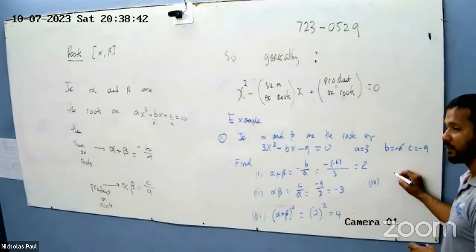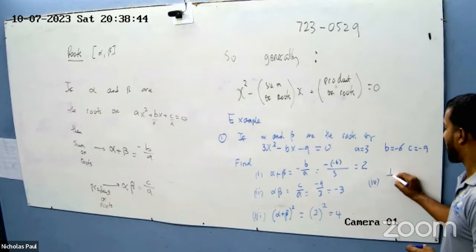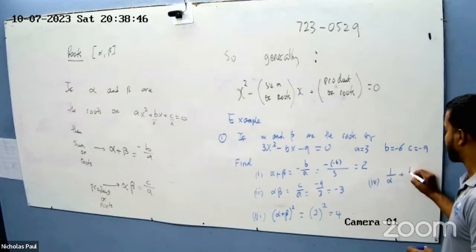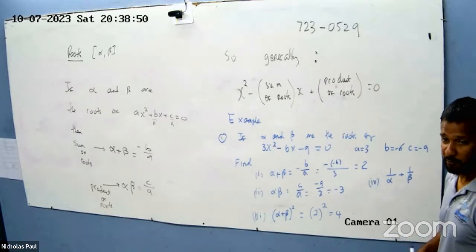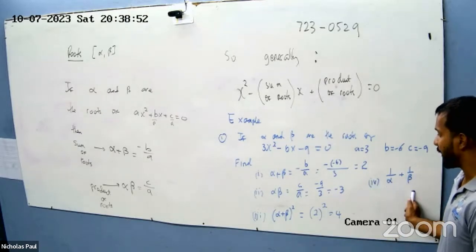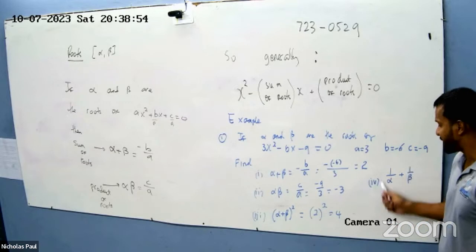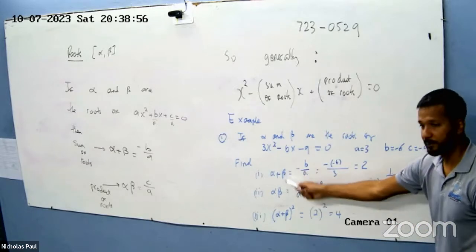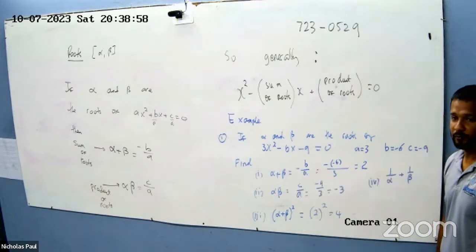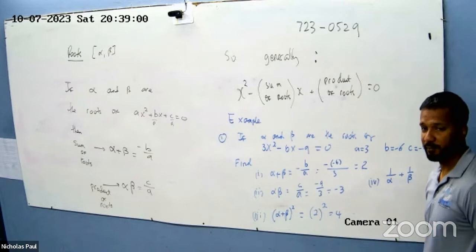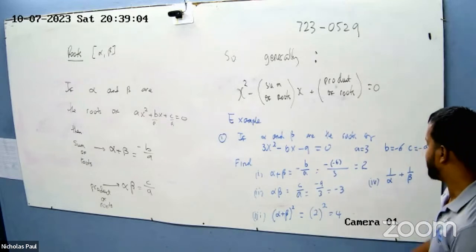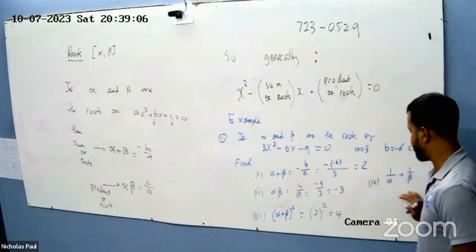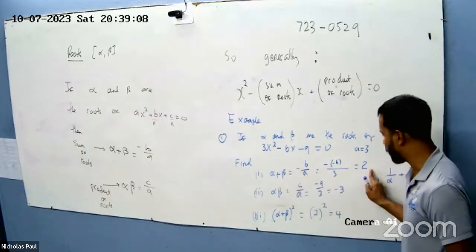How are we going to find 1 over alpha plus 1 over beta? That's a little bit harder. What we're going to do here is get this in terms of values that we have.